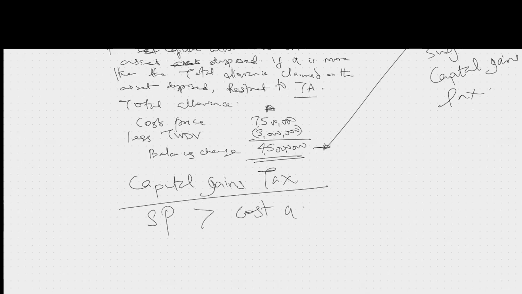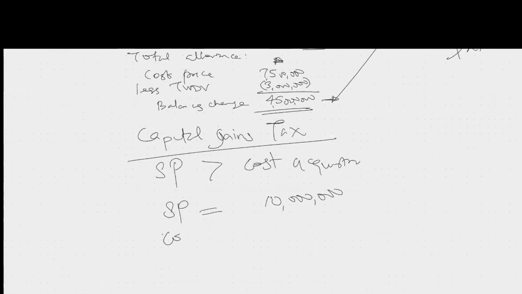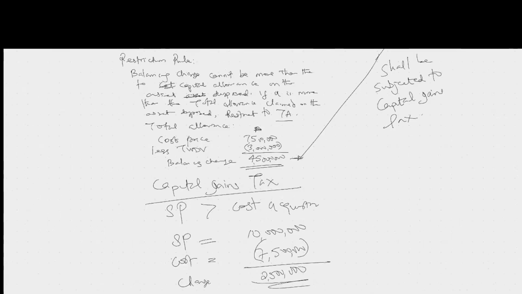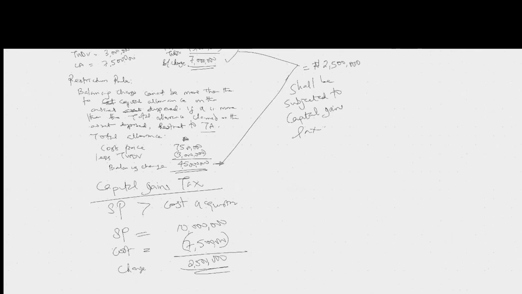Abi? So my sales proceeds in this regard is 10 million. My cost of acquisition is 7.5. My chargeable gain will be 2.5, which is the same 2.5 we have here. Okay? So that is that.